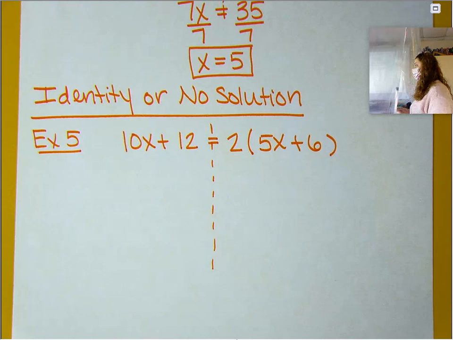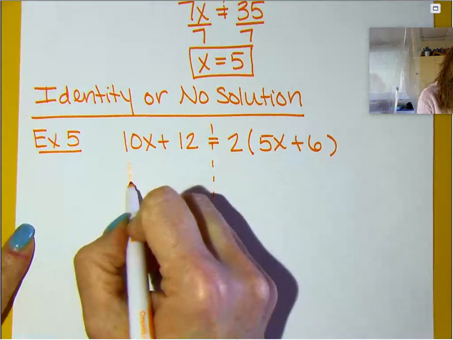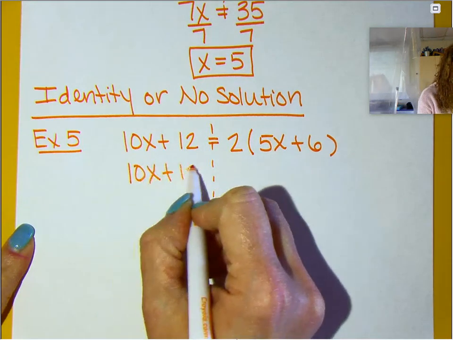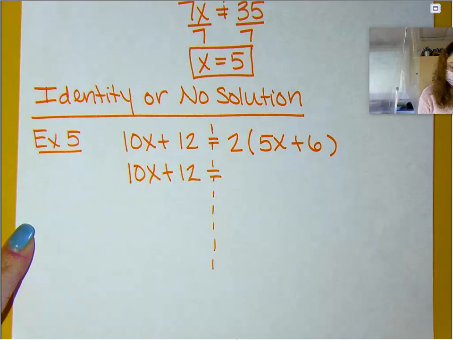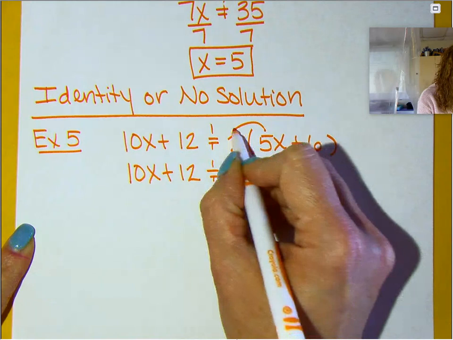The parentheses. Good, we're going to distribute, right? Anytime you have parentheses, distribute first. So I'm going to rewrite 10x plus 12. We're not going to do anything there yet. And 2 times 5x. And 2 times 6.